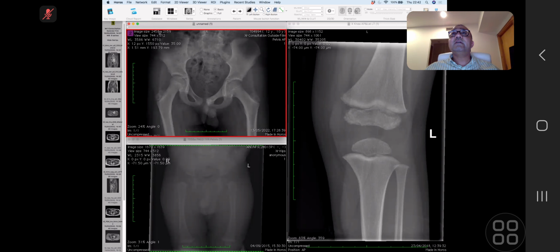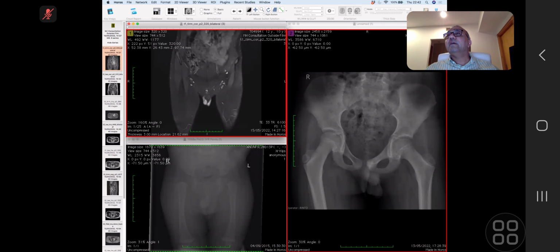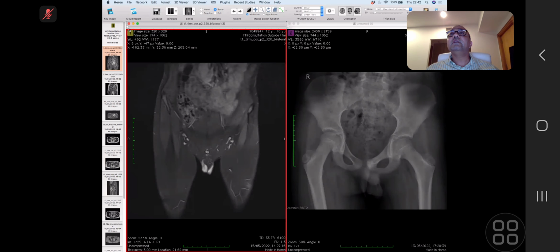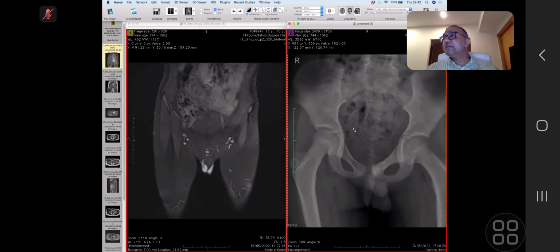I think we'll probably start with a coronal STIR. And if I get rid of this so that we can juxtapose them, we'll put this up there.